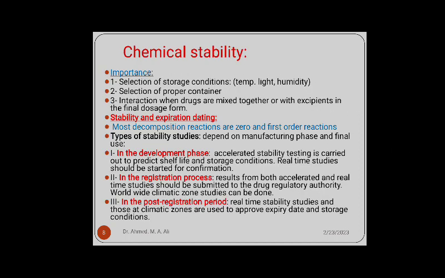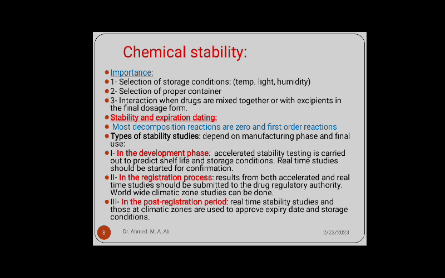Chemical stability is important for selection of the optimum storage condition, selection of proper container, and interaction when drugs are mixed together or with excipients. Excipients are materials put in the dosage form that have no pharmacological effect, like starch in tablets.